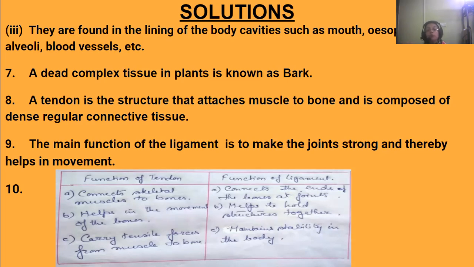It joins one bone to another. Like the tendon joins muscle to bone, the ligament joins bone to bone, making the joint strong and thereby helping it to move.